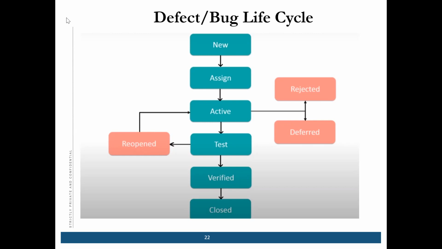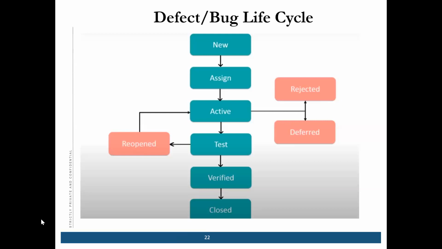If you want to explain, go ahead, Swati. Yeah, the first stage is new: when a tester finds a defect, that is new. When it is assigned to a developer, that is assigned. And then the developer can make it either active, rejected, or deferred.